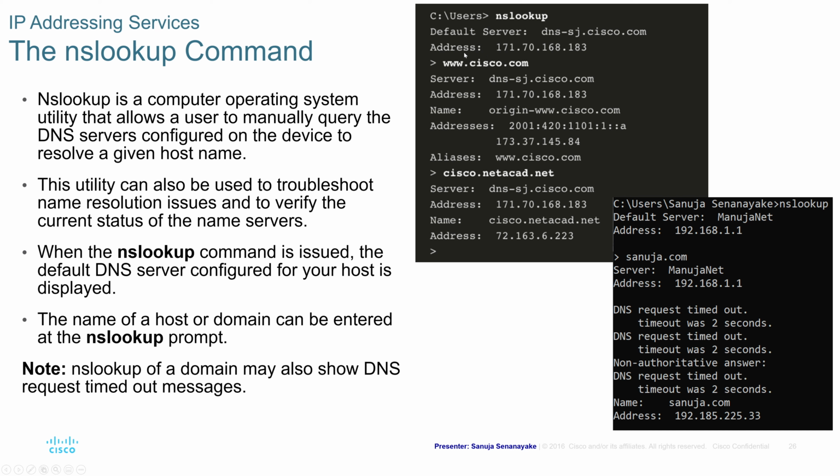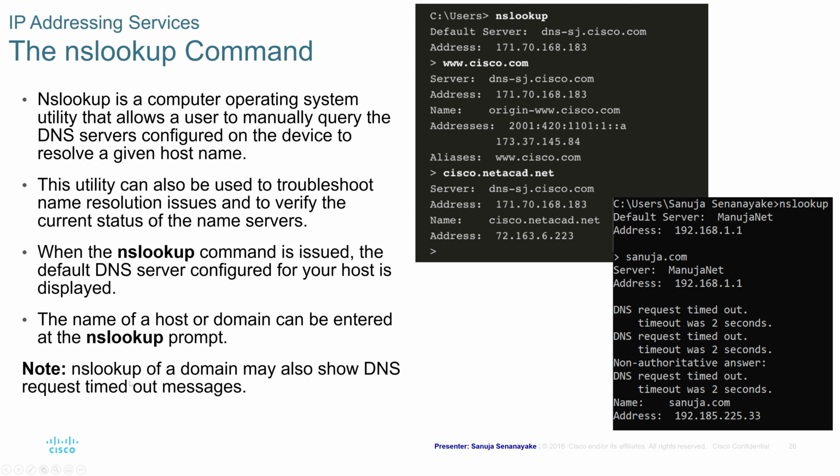And when it looks for www.cisco.com, which is the name of a host or domain that the user is entering here, it will return the server information and the associated IP addresses for that server as well.